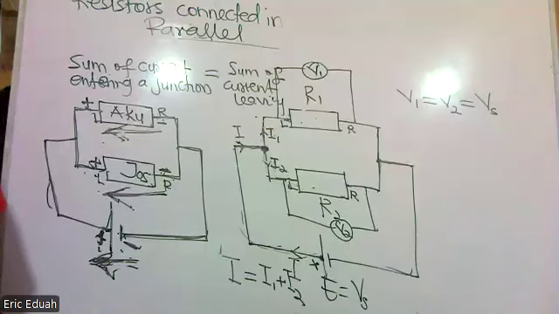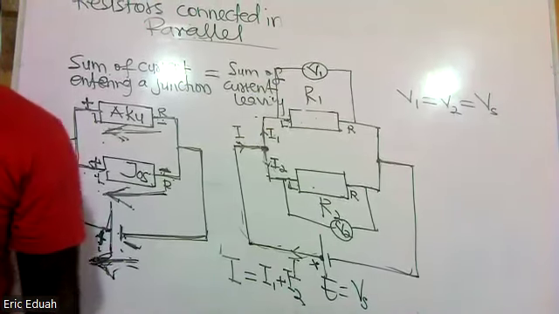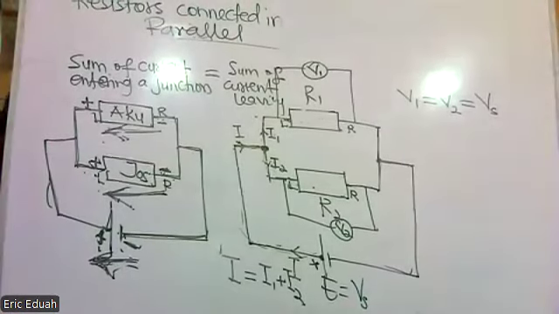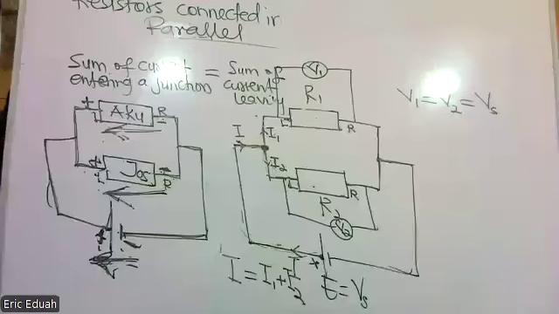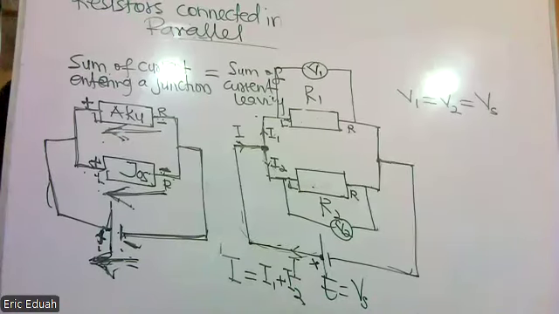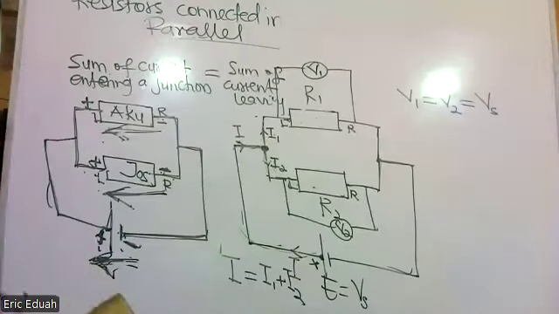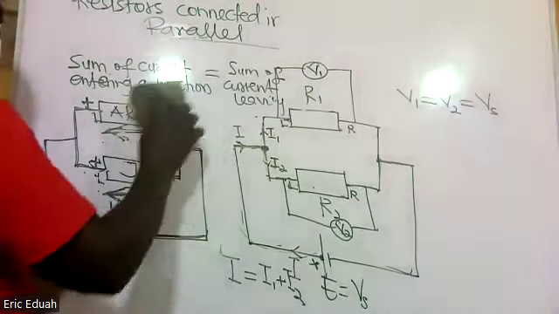Now let's derive the equation for the total resistance in a parallel connection. When resistors are connected in parallel, what is the equation for the effective or total resistance?